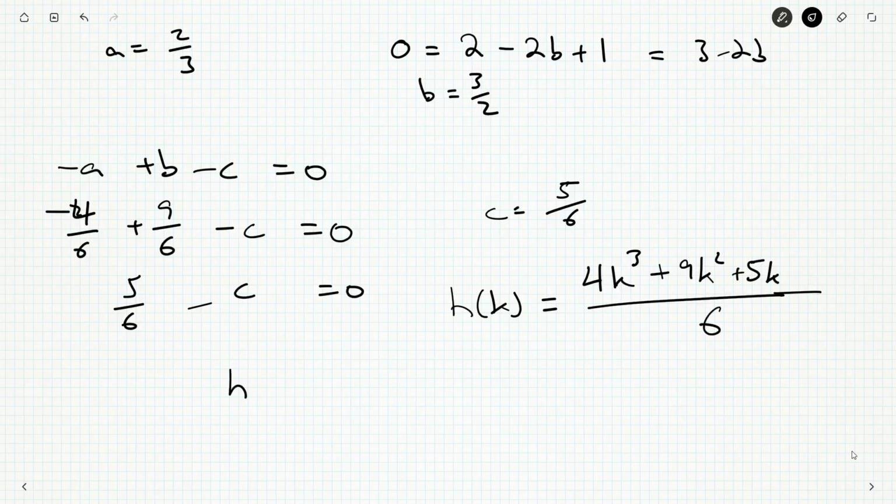Now, we know that for an odd number like k is 0, h of 0 is f of 1, and we know f of 1 is 0, so this should be fine. And just as a little double check, what's h of 1? H of 1 is 3, and f of 3 is 3. So that should be 4 times 27 minus 81, so that'll just be 27, plus 5 times 3, so that'll be plus 15.